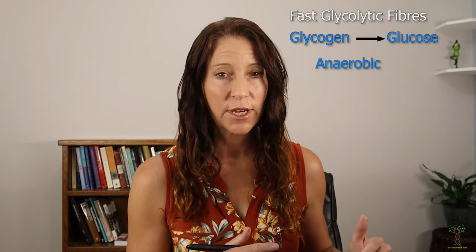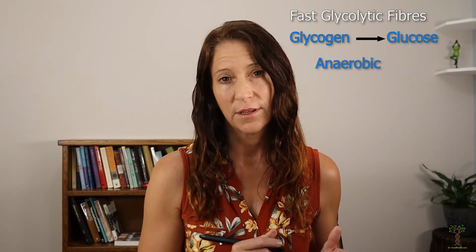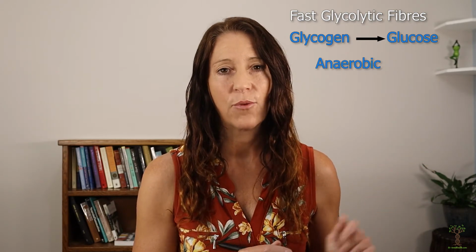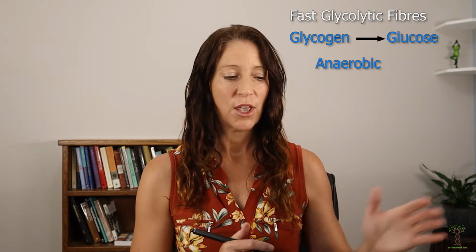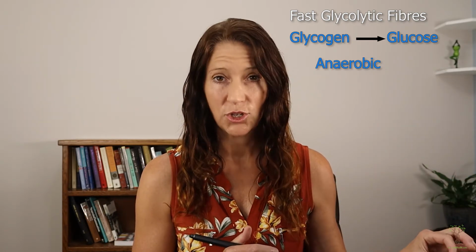This is our glycolytic pathway where we have the byproduct of producing lactic acid. So when your muscles feel like they're burning, you're using your anaerobic pathway and making lactic acid. So fast-twitch fibers primarily use glucose and glycogen to make a little bit of ATP very quickly, but those muscles, even though they're very strong, they fatigue rapidly.